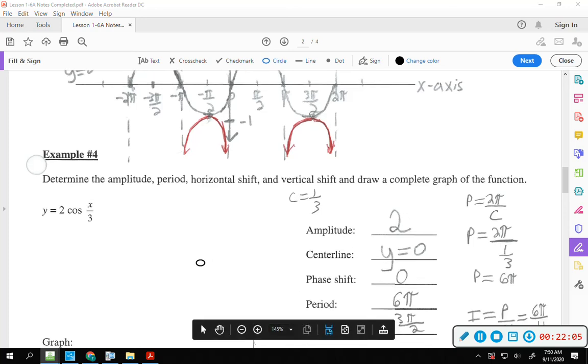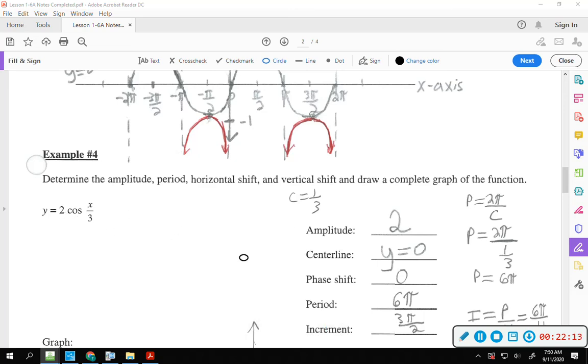Real quickly, the amplitude is always presented as a positive number. If it is a negative coefficient, that will impact how we start the curve, but we always define the amplitude as a positive value because it's defined to be the distance away from the center line, up or down from the center line. Okay?